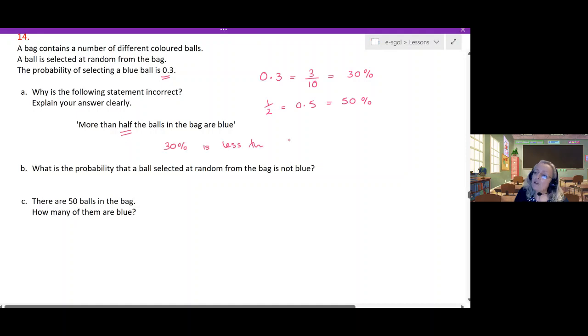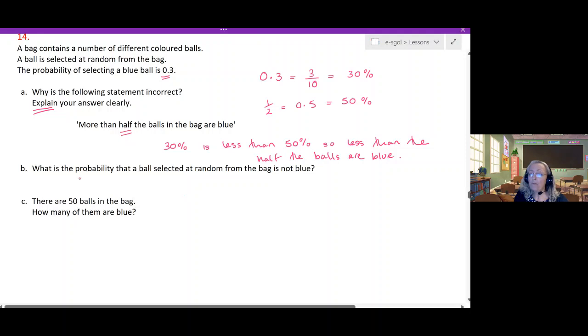So less than half the balls are blue. And often with an explain question like this, the examiner is looking for you to write a sentence. So we are looking for a sentence in response to this.